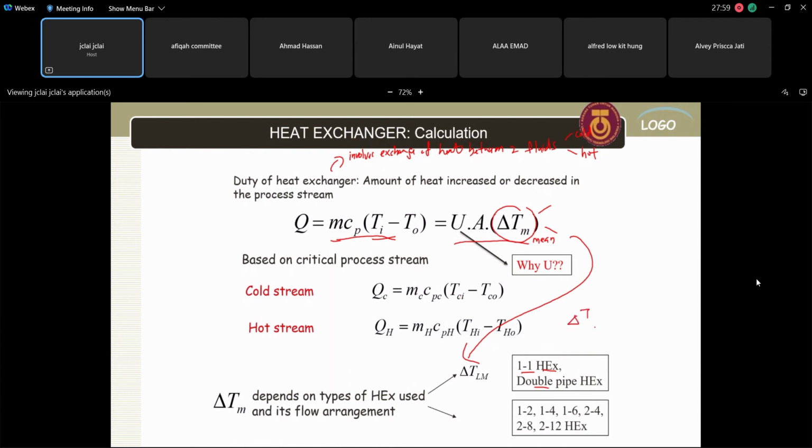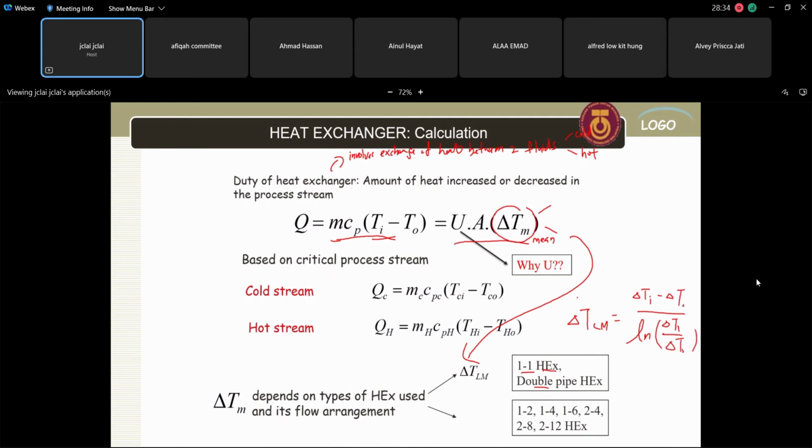Delta T log mean equals the delta T inlet minus delta T outlet over ln of delta T inlet over delta T outlet. I can't remember the formula exactly.